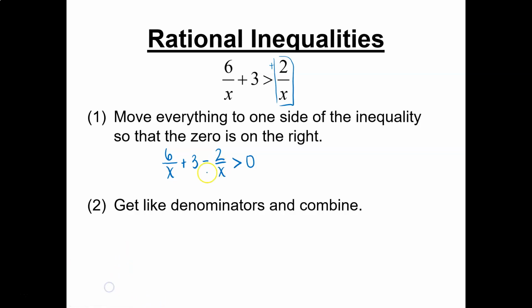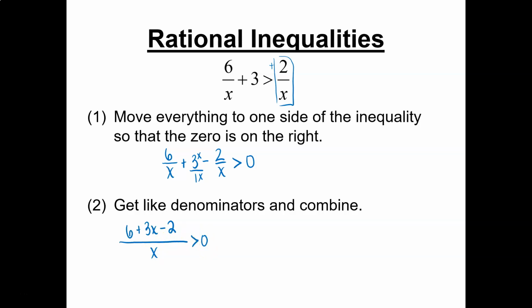So we are going to get common denominators. Right now this has a denominator of 1, so all we really have to do is put an x on the top and bottom for that middle fraction. So we get 6 plus 3x minus 2 over the denominator of all of these, which is just x, greater than 0.